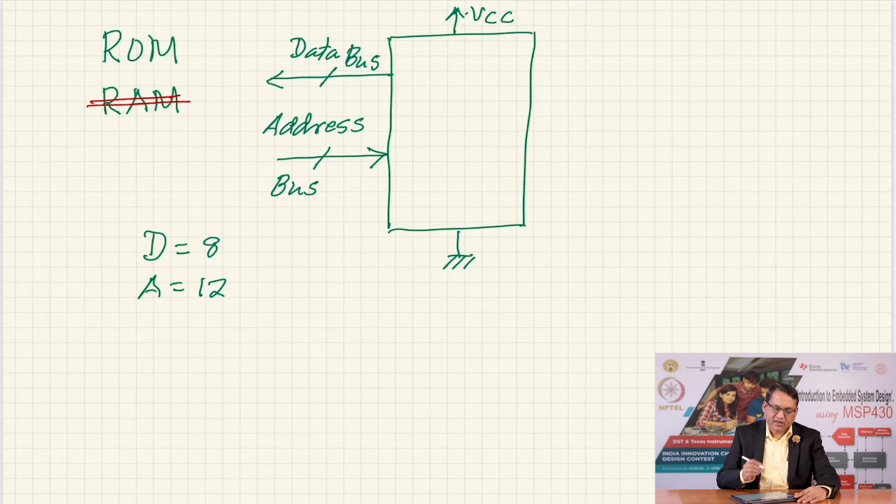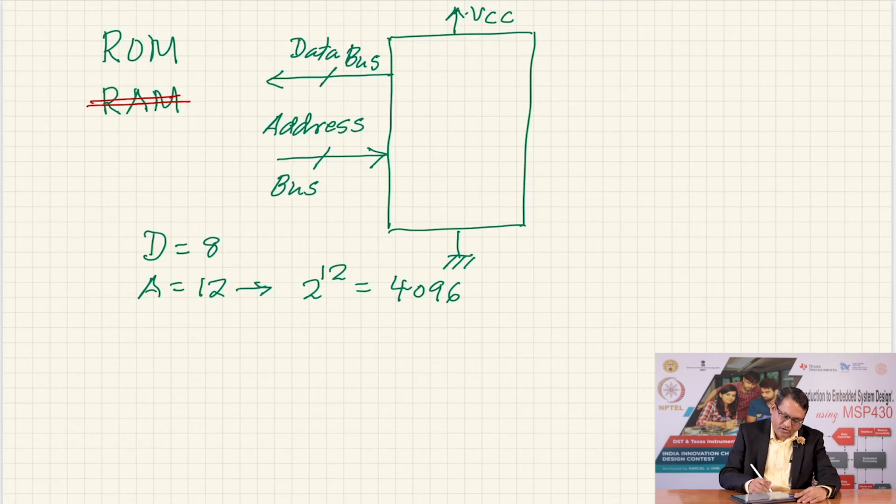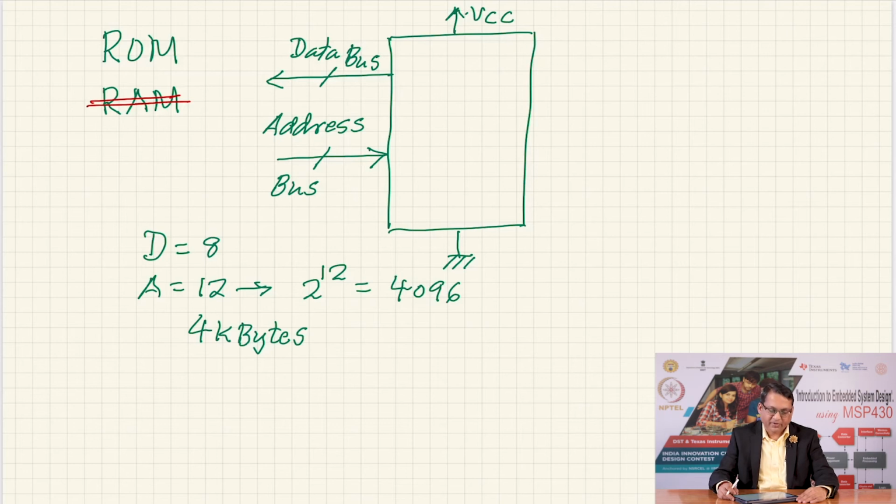If that is the case, that means this ROM device A12 leads to 2 raised to power 12 locations, which is 4096, right? And therefore, this would be a 4K byte. 8 bits mean a byte. So, this is a 4 kilobytes capacity ROM device.